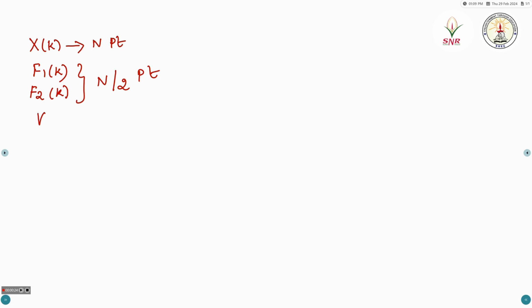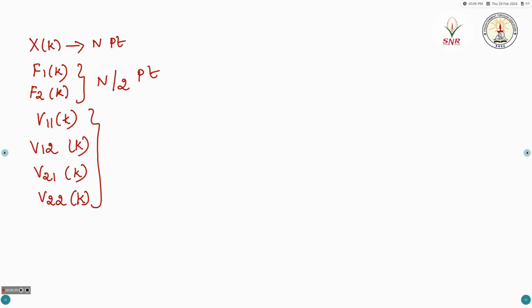So starting from the derivation, my x of k is the n-point DFT, and my f1 of k and f2 of k represent the n by 2-point DFT, and my v11 of k, v12 of k, v21 of k, v22 of k represent the n by 4-point DFT.